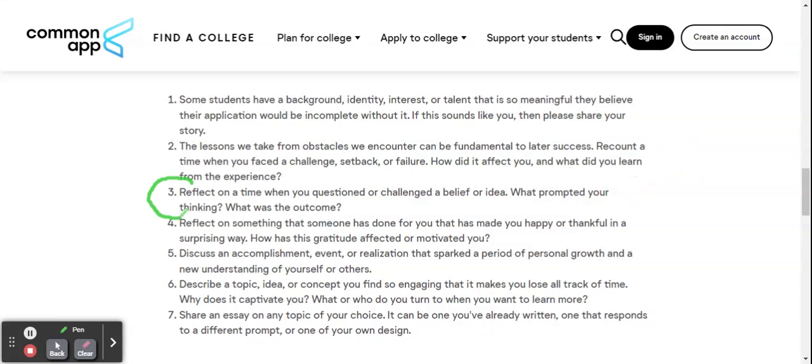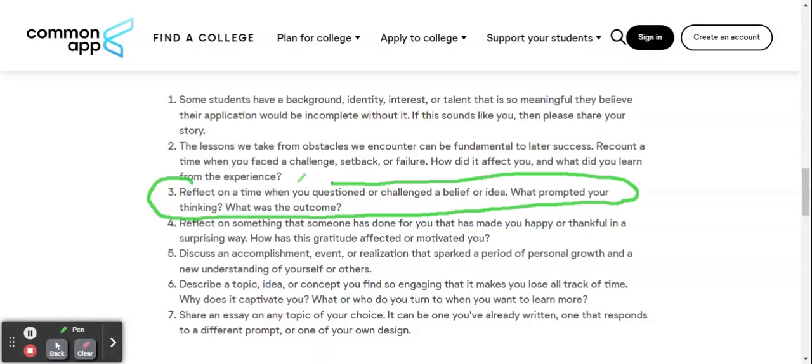This is more, I think, focusing on something that maybe not too many students have experienced yet because of your age.